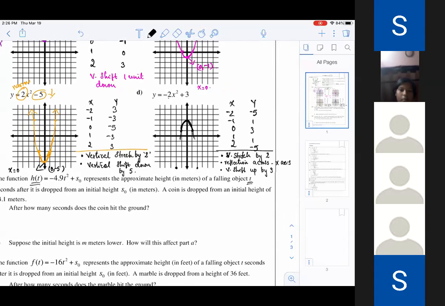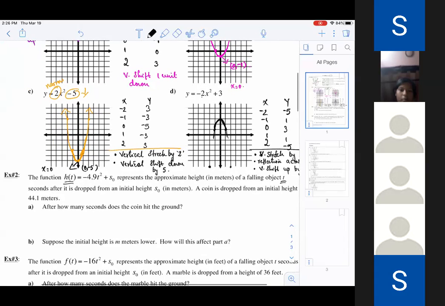If a coin is dropped from an initial height of 44.1 meters, which means this is your s0, is 44.1 meters. The first question is, after how many seconds does the coin hit the ground? Okay. When the coin hits the ground, the height must be 0, because this h of t is the height of the falling object after t seconds.